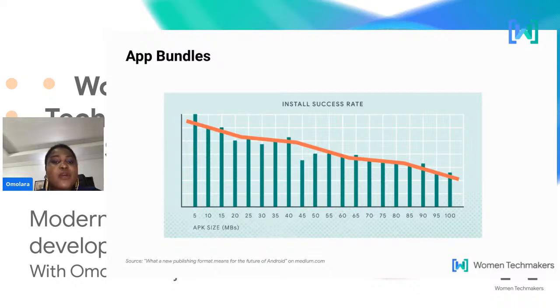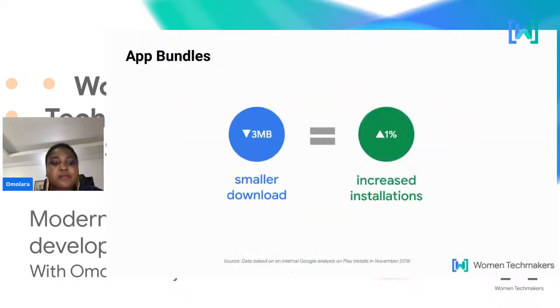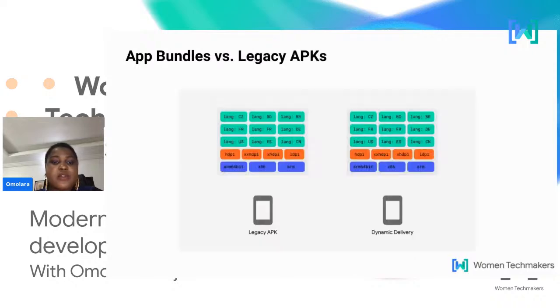So the larger your APK, the less successful your installation rate will be. And then Google also released data that says smaller downloads obviously lead to increased installations.